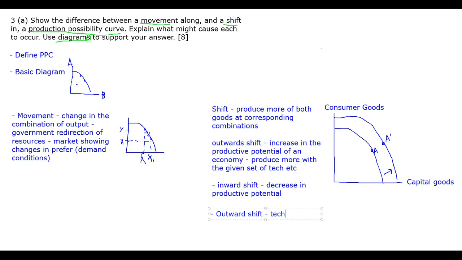So your outward shift: technology increases, so technological advancements, extraction of natural resources. You found more of them. So net immigration, because despite what type of people you get, if you have net immigration, that is inward migration, definitely the labor force should increase.